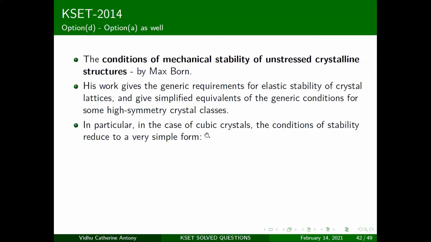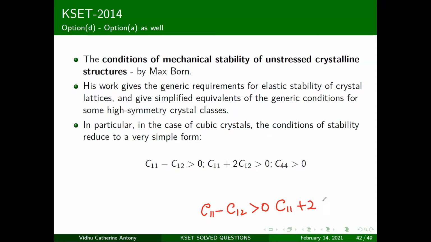Here in this particular question, we are looking at a very specific form for cubic crystals. The condition of stability reduces to this form: C11 minus C12 is greater than 0, C11 plus 2C12 is greater than 0, and C44 is greater than 0.